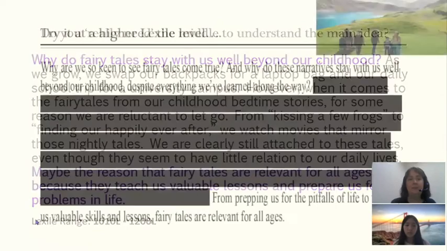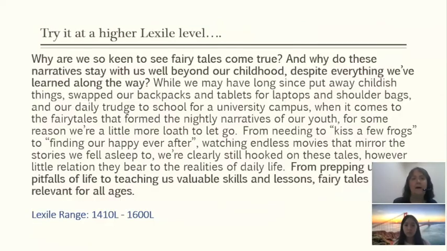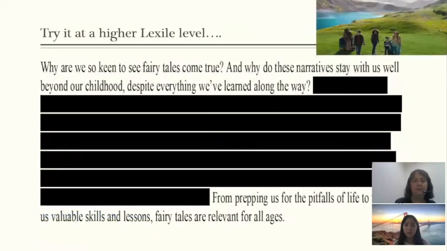So let's try one at a higher level. This one's about 1400 to 1600, which puts us around grade 8 or 9 for an average reader. Let me move this for you and we'll try the same thing.